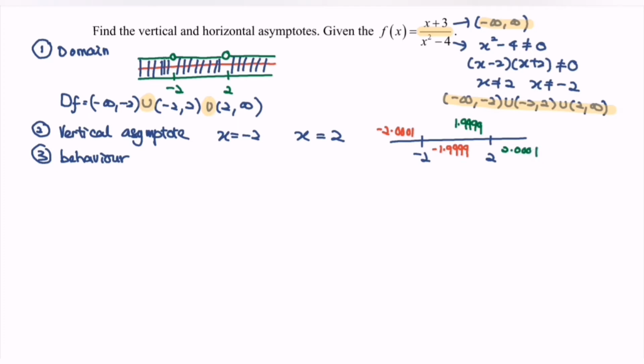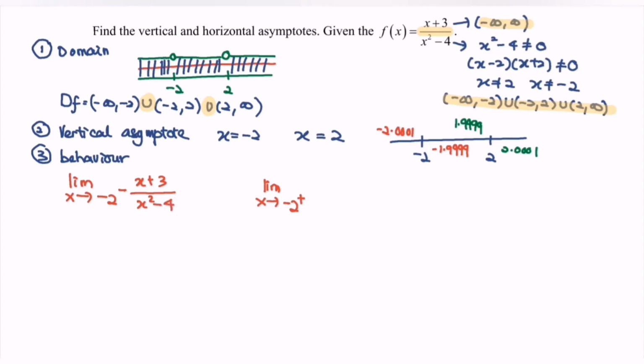So now we are going to study the behavior. First, the limit when x approaches negative 2 from the left, and the limit when x approaches negative 2 from the right. Substitute into the function. We have x plus 3 over x squared minus 4.